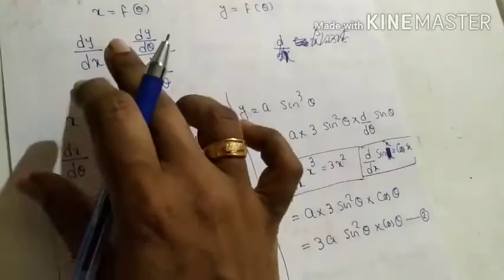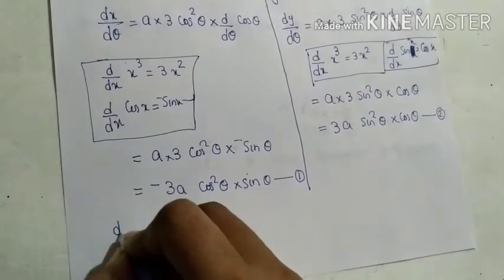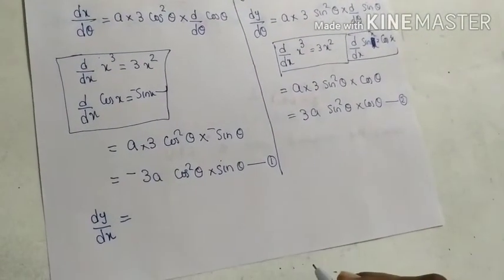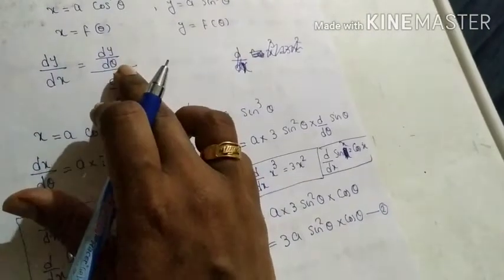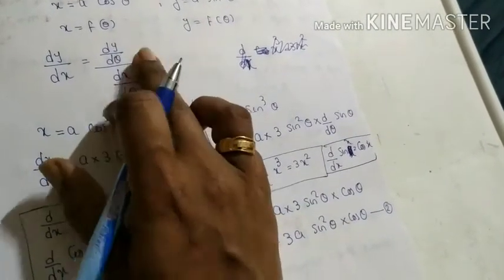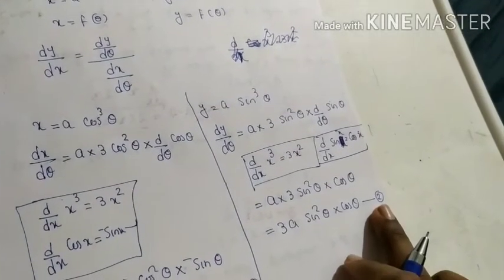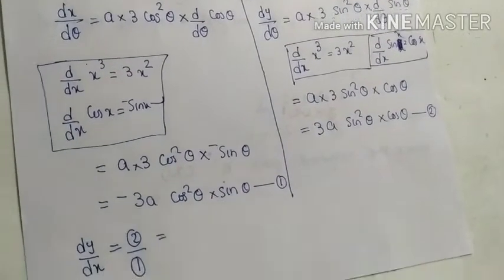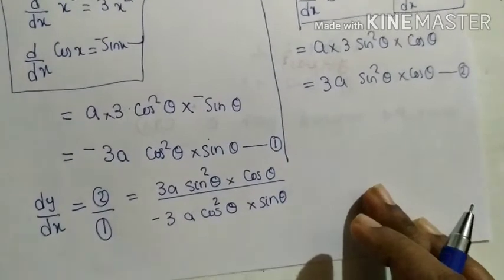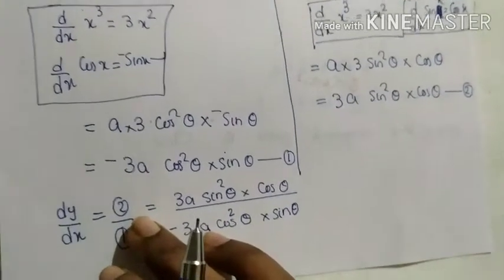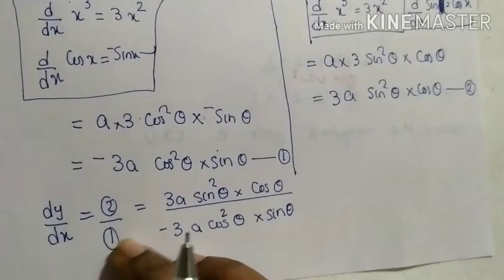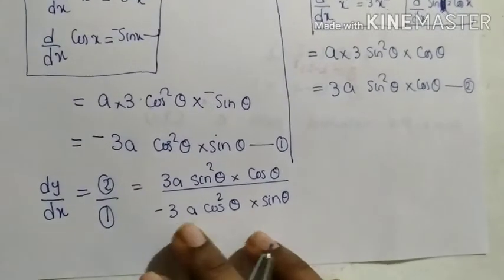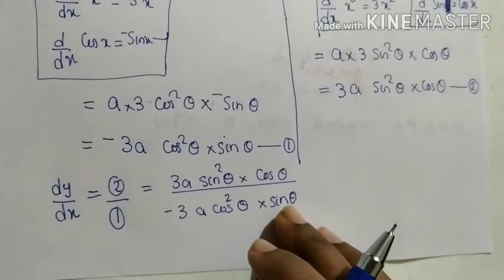Next I am going to find dy by dx, that is our slope. dy by dx is equal to dy by d theta divided by dx by d theta. That is, equation number 2 divided by equation number 1 will give the answer of dy by dx. Substituting, we get 3a sine square theta into cos theta as numerator and minus 3a cos square theta into sine theta as denominator.